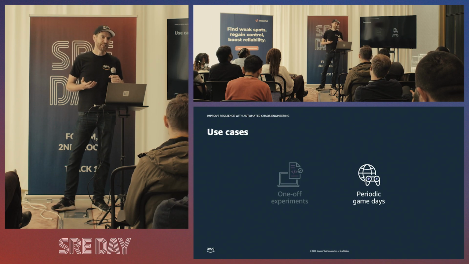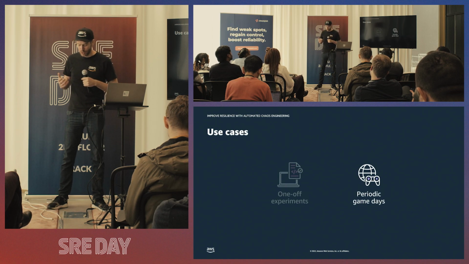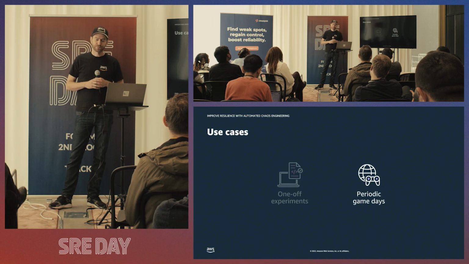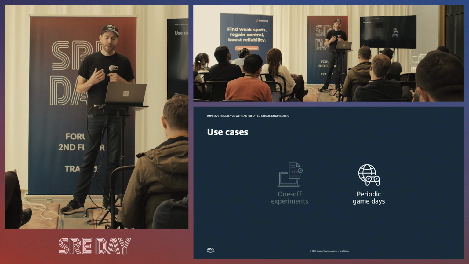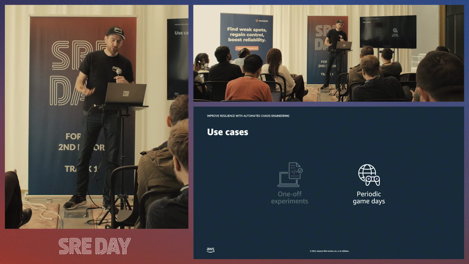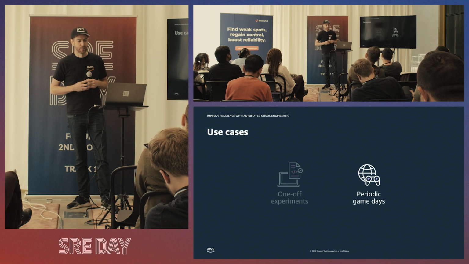And an event in this case could be an unusually high traffic day, it could be a new launch, it could be a historic failure, or something else. And then you use chaos engineering experiments to run the game day by creating these event conditions and then monitoring the performance of both the team and the system.